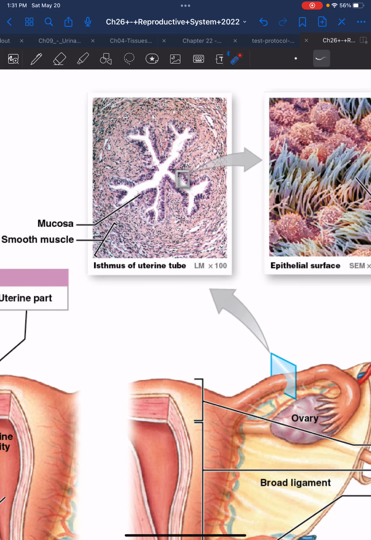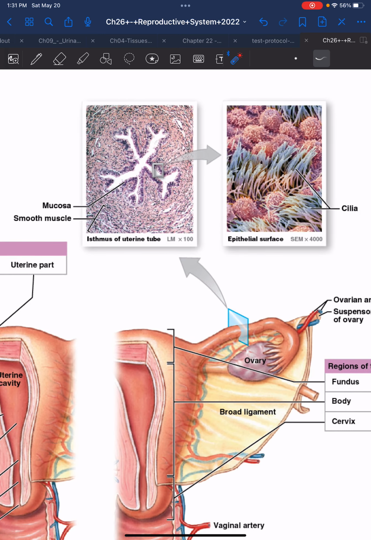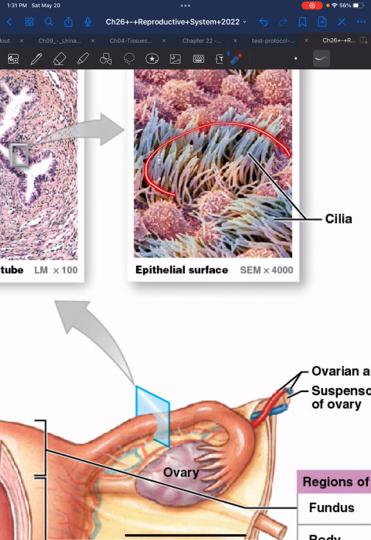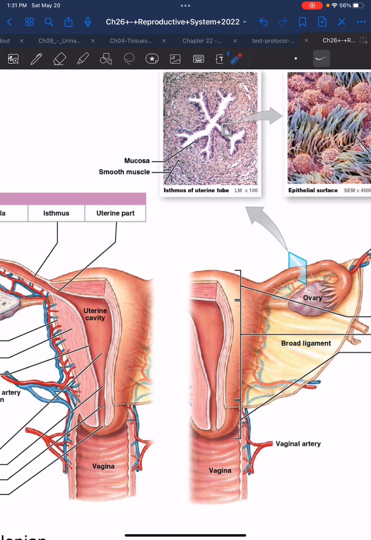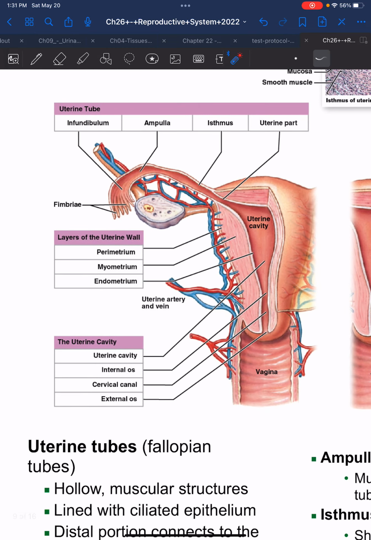This is the inside of that uterine tube, and these are columnar cells with cilia. Recall that cilia move mucus and substances, so in the mucosa layer there are cilia on the surface, pushing that egg outwards towards the uterus.